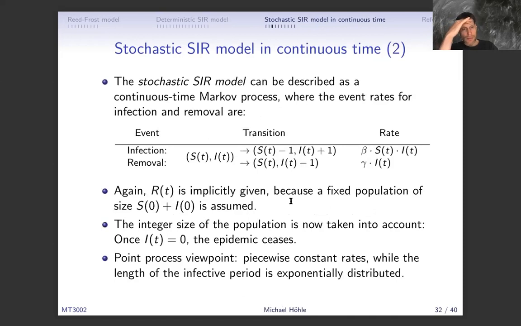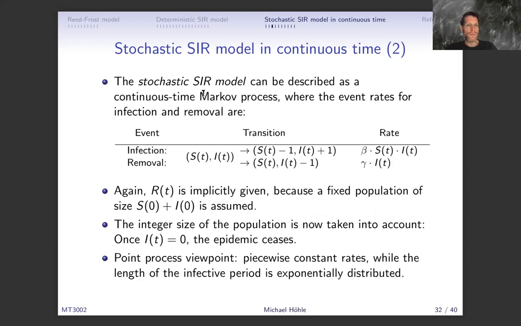So looking at one particular model, the general stochastic SIR model, the general stochastic epidemic model can also be described, not only as we showed in the deterministic model, but as a continuous time Markov process.